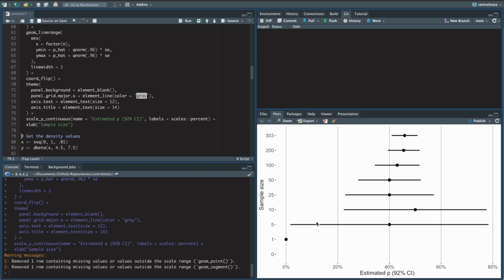Okay, so we get n equals 5. Now we start to get some reasonable point estimate. And applying these large sample standard errors, we're getting some really large confidence intervals. We're saying our estimate is 40%, but it could be somewhere between like 5% and 75%.